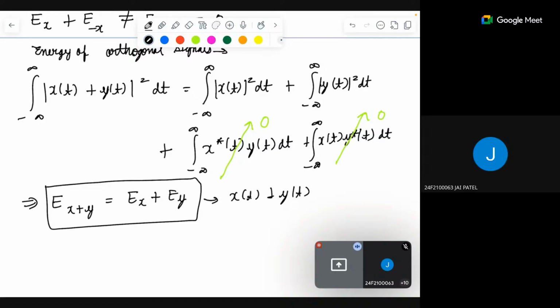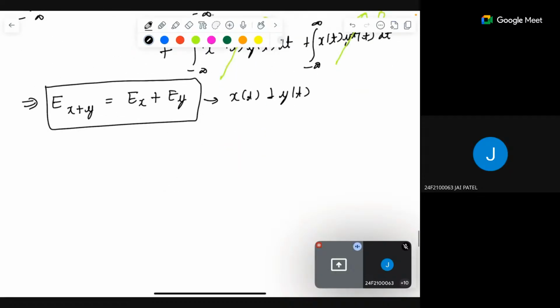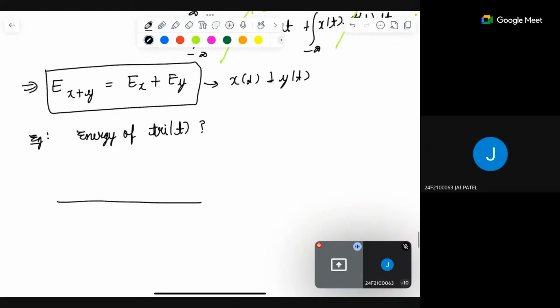Okay, now let us compute the energy of one signal. We have to find the energy of a triangular function. So let us write the triangular function. Do you remember doing this in the lecture?